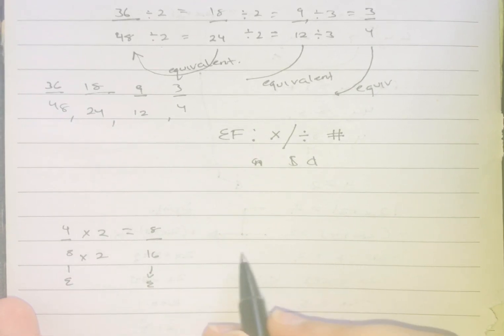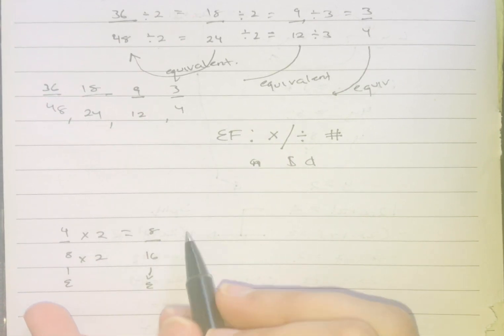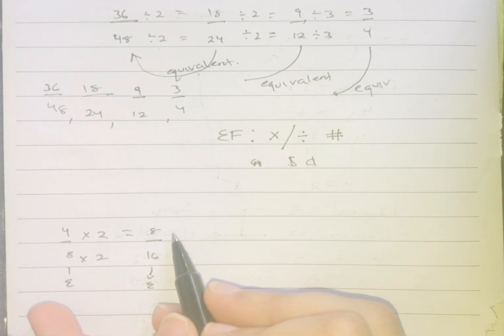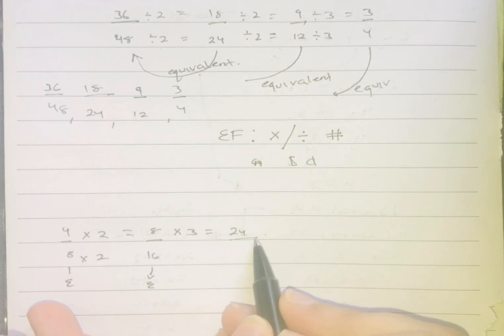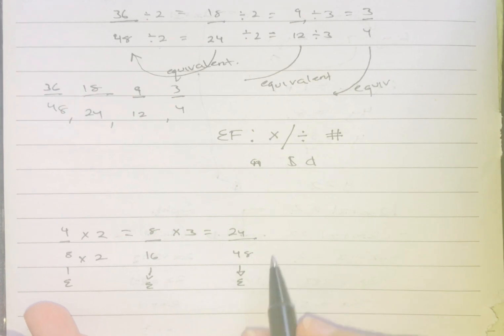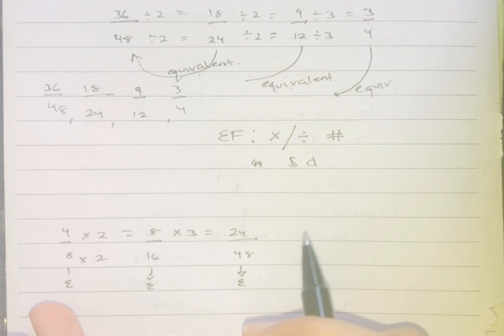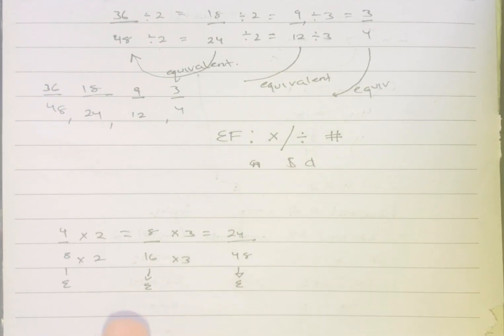And then you want to get it further. It's not a must to continuously multiply by the same number. You can also change your number. For example, let's put 3 here. You're going to get 24 over 48. This is also an equivalent fraction. You can further continue by multiplying it by 5, as long as the number that you're multiplying on top and on bottom is the same.